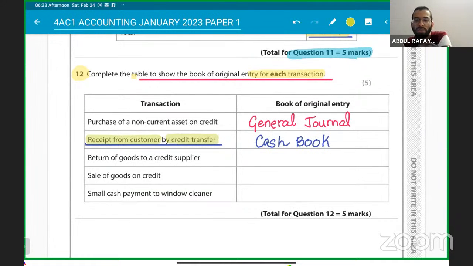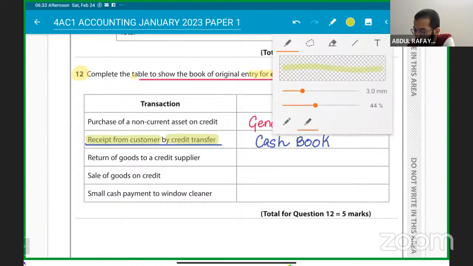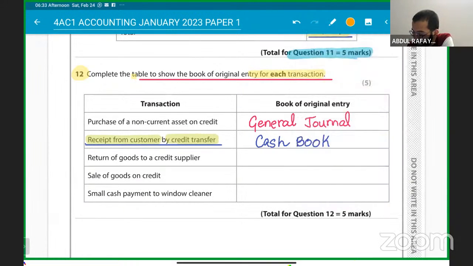What type of transactions will come in the general journal? All the transactions that are not involving cash and bank, and the transactions that are not of goods. Are you getting it? So a non-current asset on credit is not a cash book thing, and it is not goods.